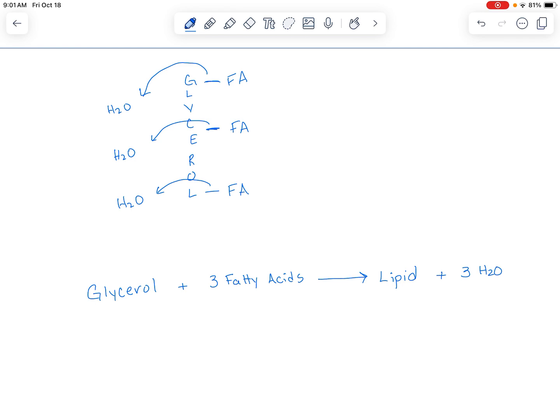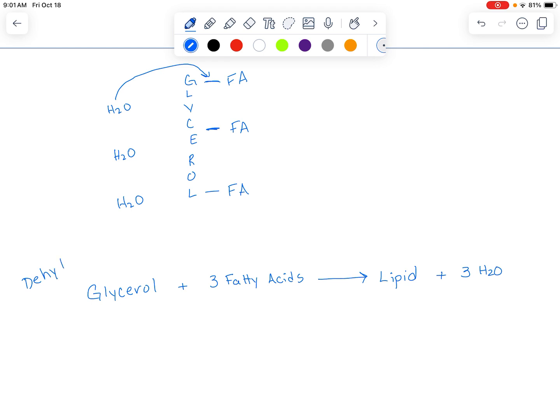What would hydrolysis look like? The exact opposite. So in order to break those bonds, all I have to do is switch my arrows around. So in order to go through hydrolysis, we can label this dehydration synthesis. In order to break those bonds, I have to put the water back in.